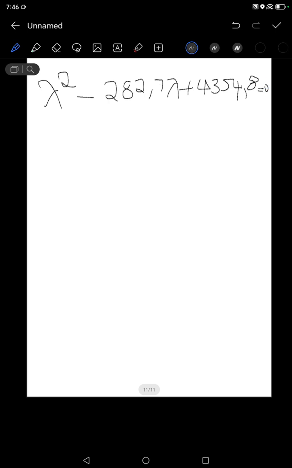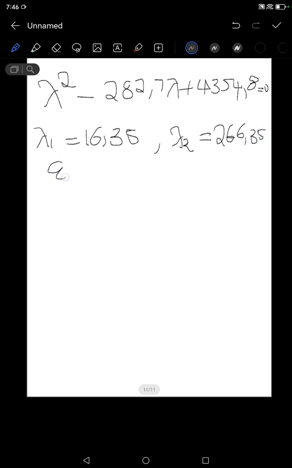And then we're gonna solve for lambda 1 and lambda 2. You can use the quadratic equation. So lambda 1, we're gonna get 16.35, and then lambda 2, we're gonna get 266.35. Guys, we call this eigenvalue.